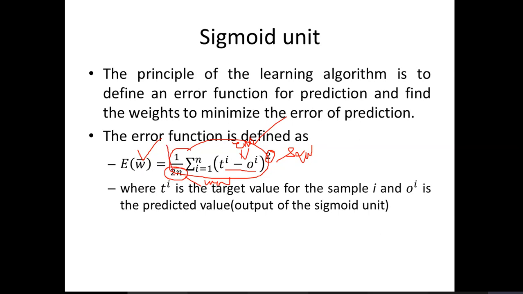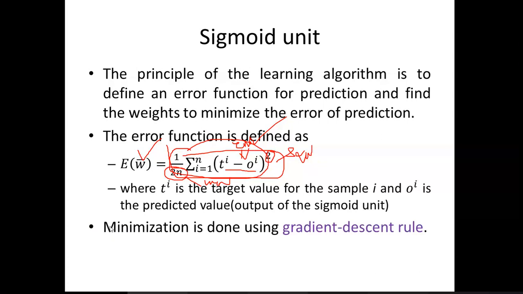So you see that the whole sum is equal to 0, which means that the error is 0. And if the error is 0, my weights are supposed to be correct because all the input samples are classified correctly. Now, we would like to find out a rule which will help us in minimizing the error.